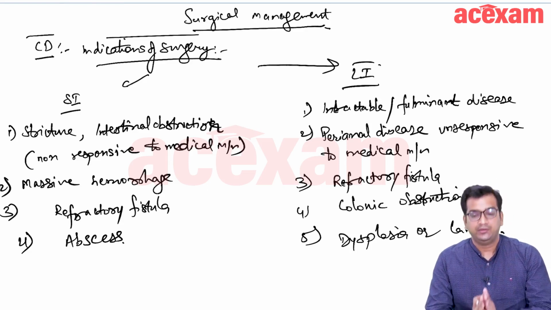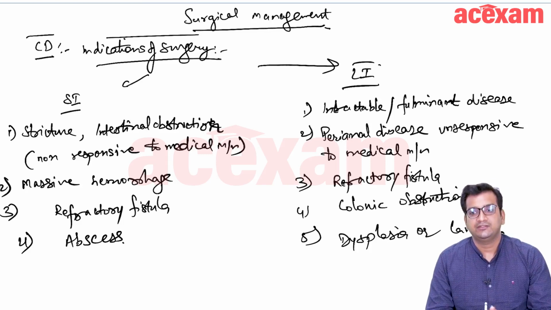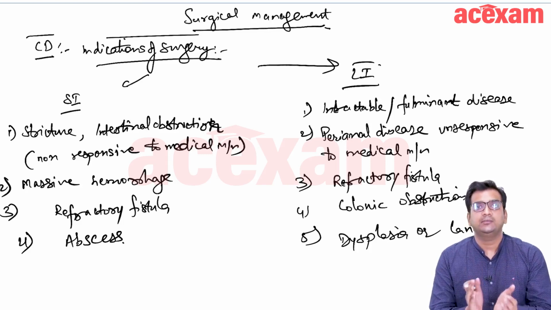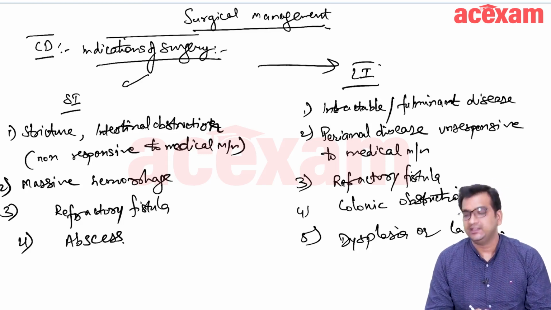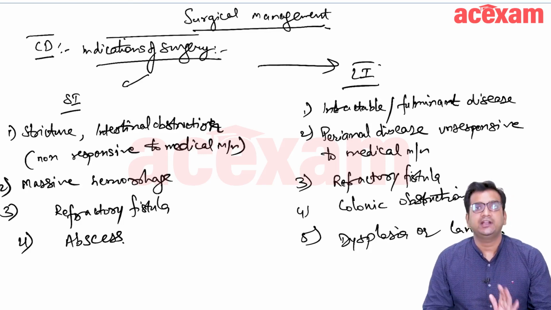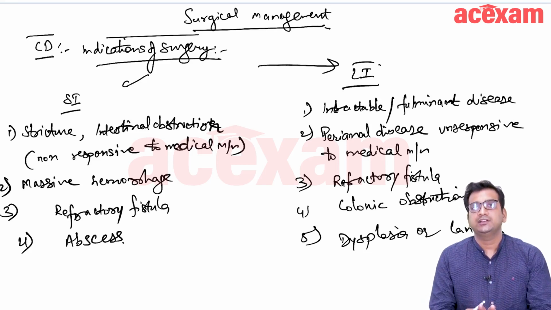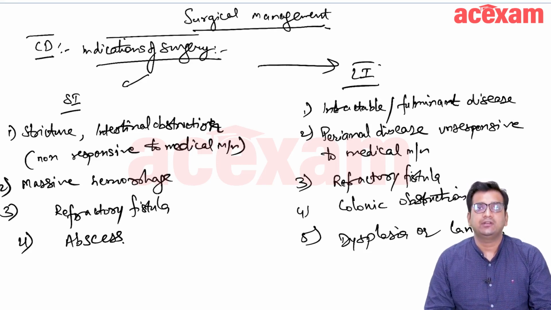So in Crohn's disease of the small intestine or large intestine, we are going to remove only that particular portion of the intestine that is causing the problem, and that is responsible for the current problem. We are not going to remove the whole of the large intestine as we do in ulcerative colitis.